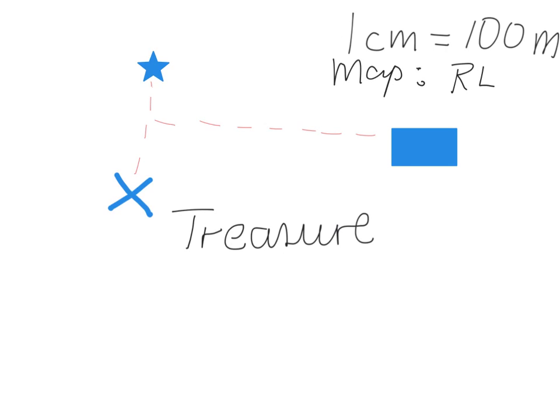If we measured the distance from the star to the treasure and find that it is 2 centimeters, we can work out the real life value by multiplying by 100 and getting that the real life value is 200 meters.